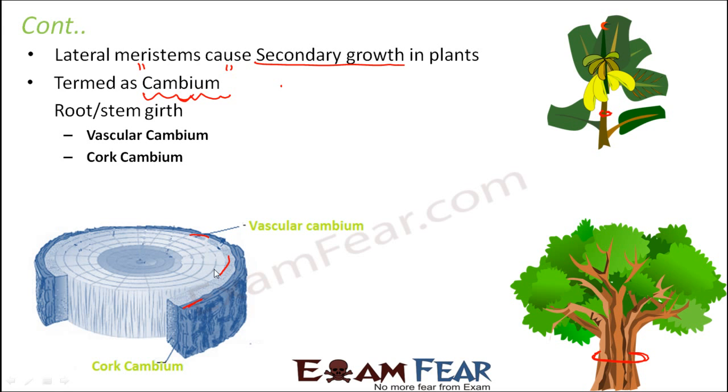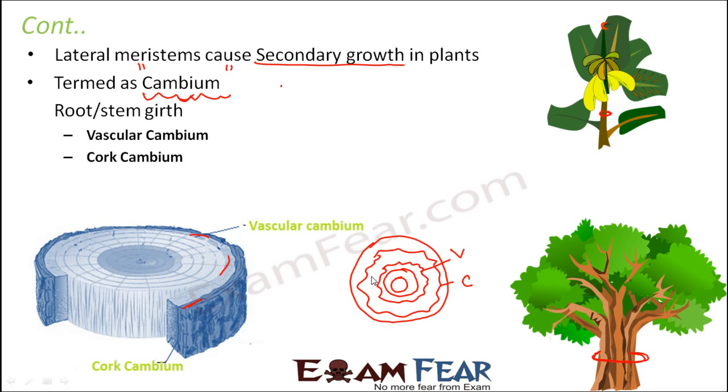So these two layers will form new cells, and that is how it will keep on adding layers. For example, initially there were two layers, but now these two layers are present. Let us suppose this is the vascular cambium and this is the cork cambium. These two layers in turn will produce additional layers both on their outer side as well as their inner side.